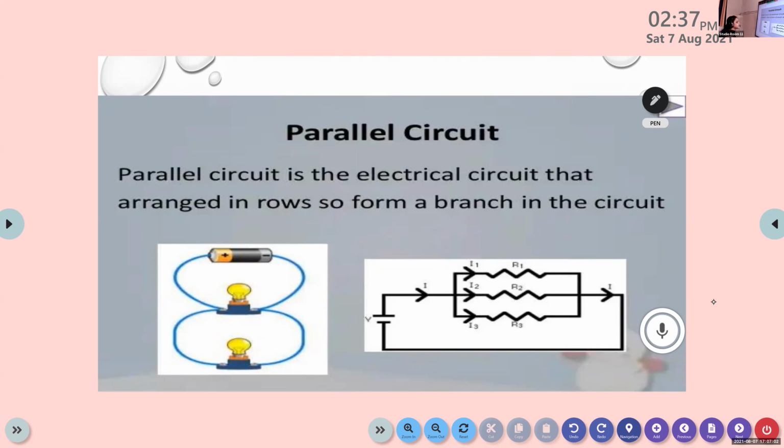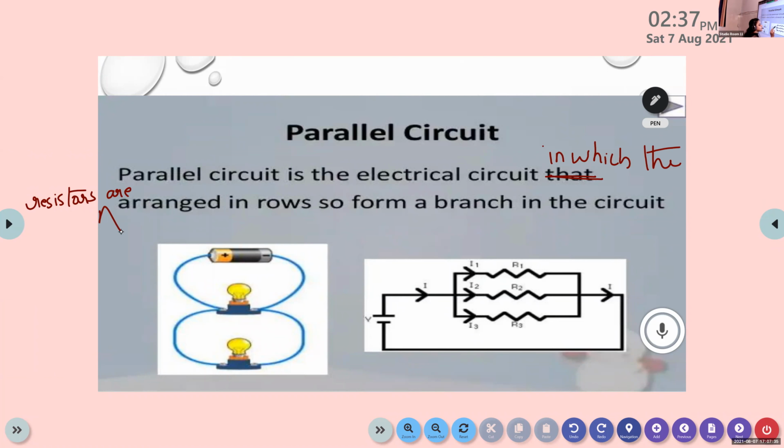A parallel circuit is an electrical circuit in which the resistors are arranged in rows to form a branch in the circuit.